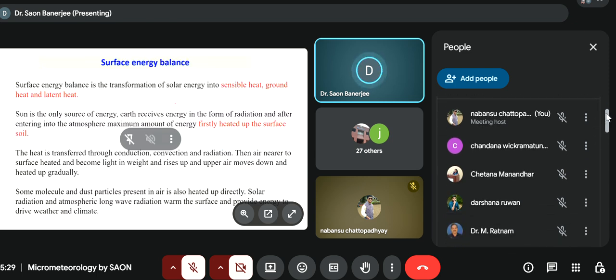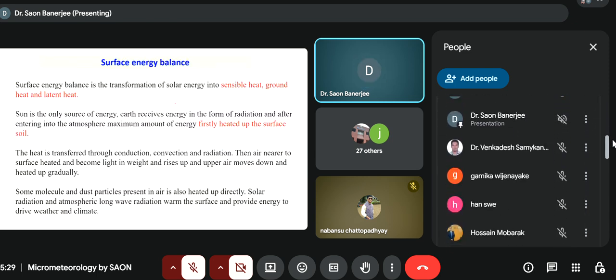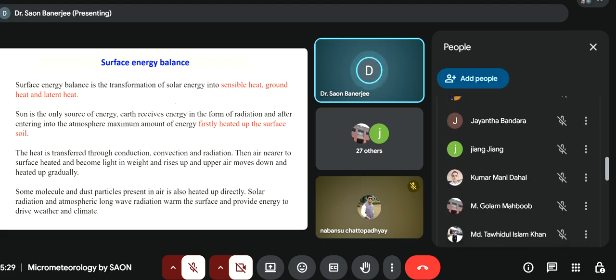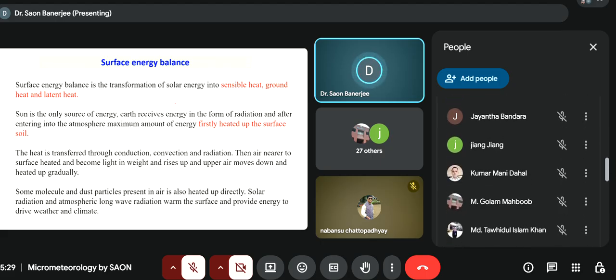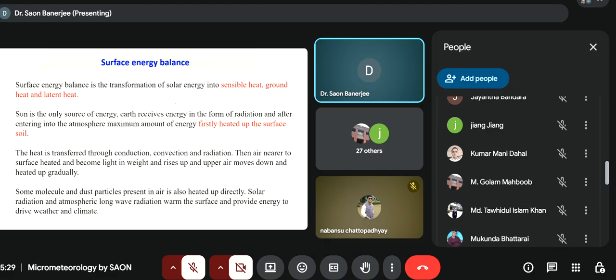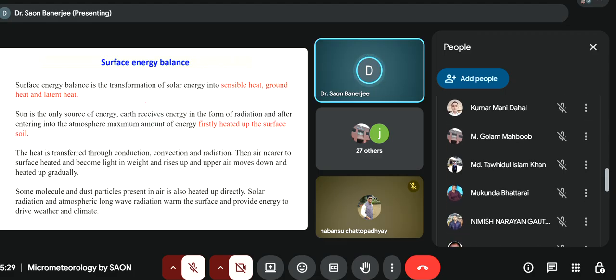Now coming to the surface energy balance. I think the radiation component is already covered, still I am just repeating it a little bit.